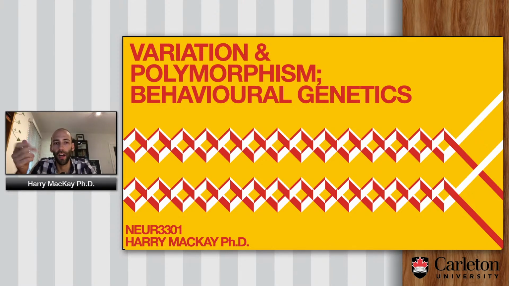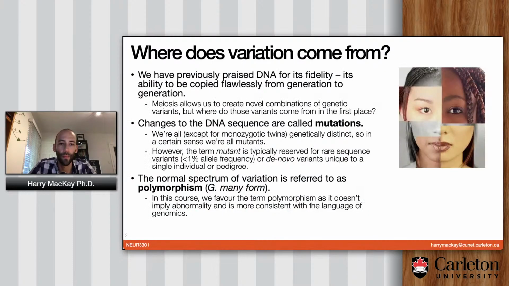Others of them we can cover as we go, so that if there's a specific mutation relevant to a particular disease that we're covering, that would be the right time to look at that, not right now. So I just want to give a general review, and the same applies to behavioral genetics. I just want to give an overall survey of the territory, and we'll get into more of the finer points on a topic by topic basis.